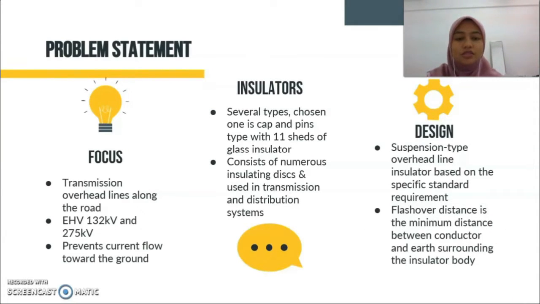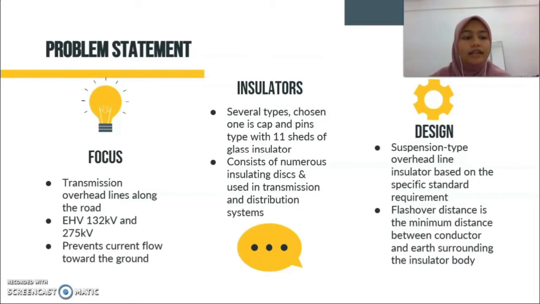Our focus is on transmission overhead lines that can basically be seen along the road. This project is concentrating on an extra high voltage (EHV), which is 132 kilovolt. Normally on these large transmission lines with a high value of voltage, there is an excess current that comes from the substation. Hence, an insulator plays an important role in this operation.